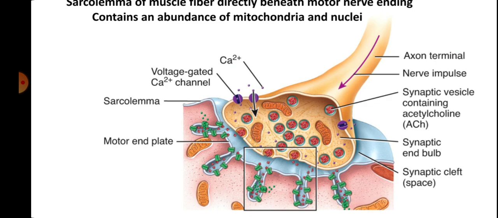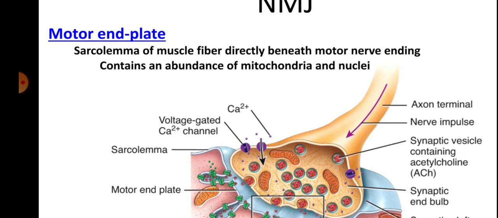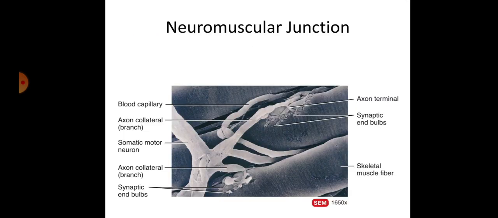There are calcium ions, and a voltage gated calcium channel through which the calcium ions pass. You can see the sarcolemma and the motor end plate. The motor end plate has the sarcolemma of the muscle fiber directly beneath the motor nerve ending and contains an abundance of mitochondria and nuclei.